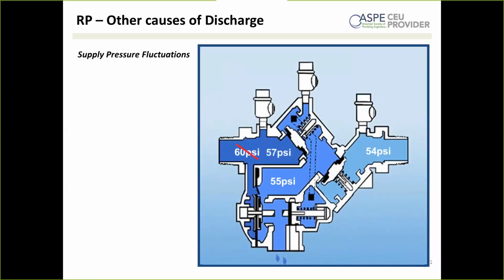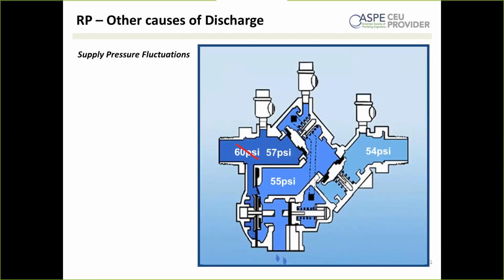So say it drops down to 57 psi from 60, your relief valve doesn't know the difference between rising pressure in the zone versus falling pressure on the inlet. So when that water pressure on the supply side gets within 2 psi of the zone, that relief valve opens.